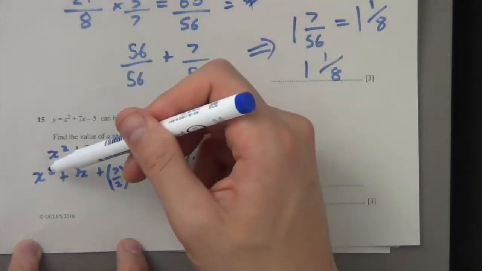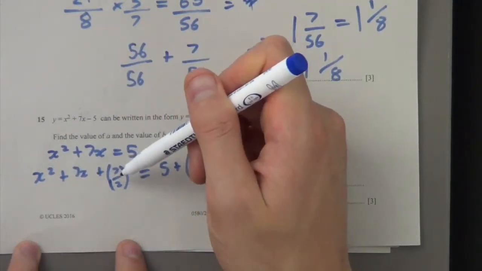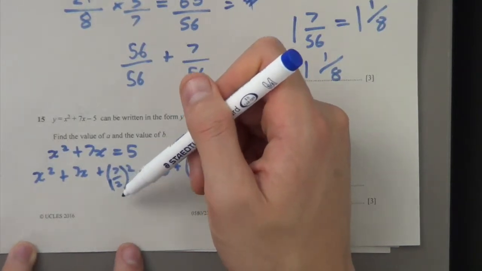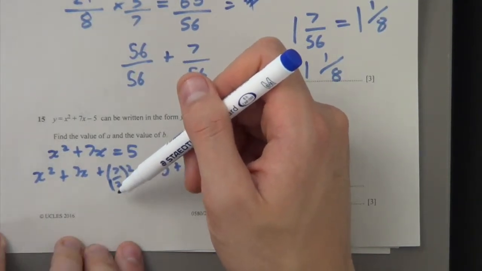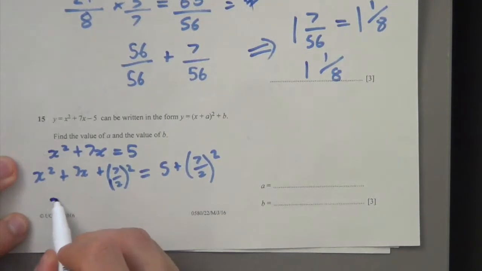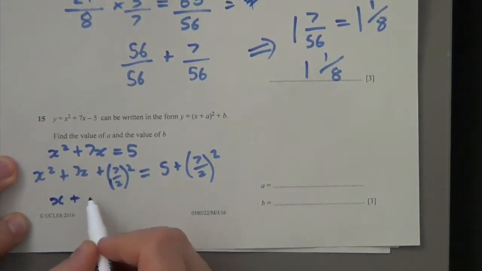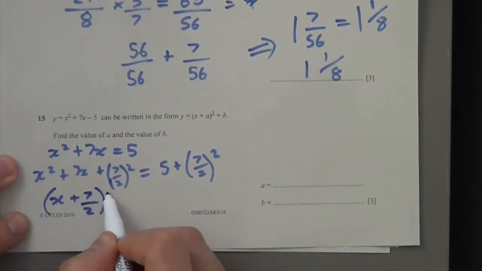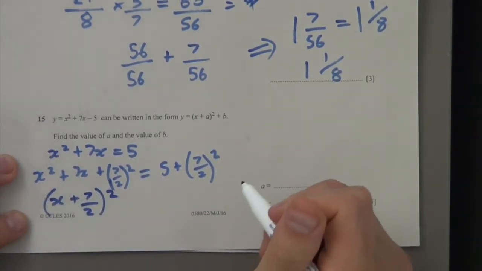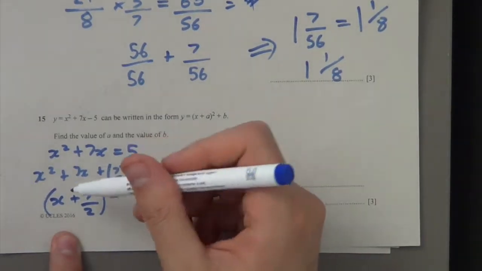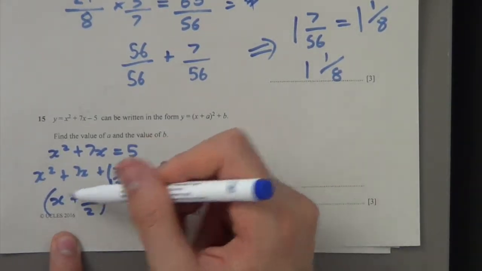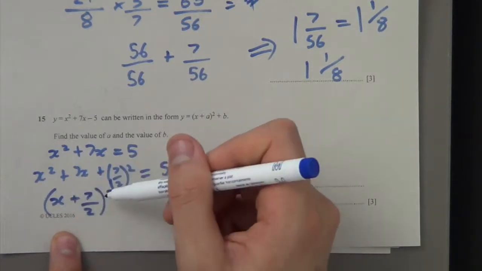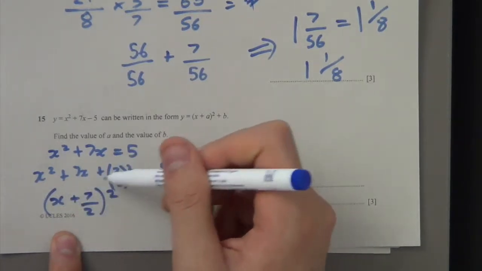Now, x squared plus 7x plus 49 over 4 on this side is actually equal to x plus 7 over 2, squared. Try this out yourself. Pause the video and expand the brackets.